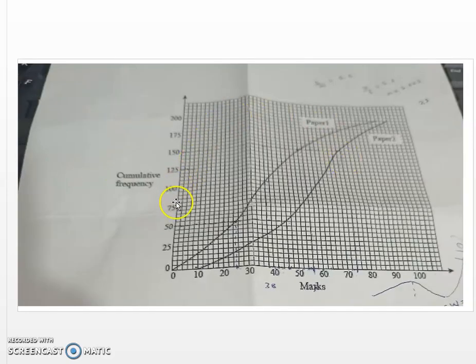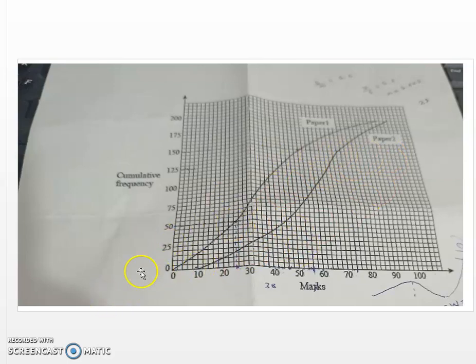Here is the graph. We've got the cumulative frequency from 0, 25, 50 up to 200. And if you observe critically, you will see that the first paper lies between 175 and 200. The second paper lies between 150 and 175, and you can see the graph moves instantaneously.